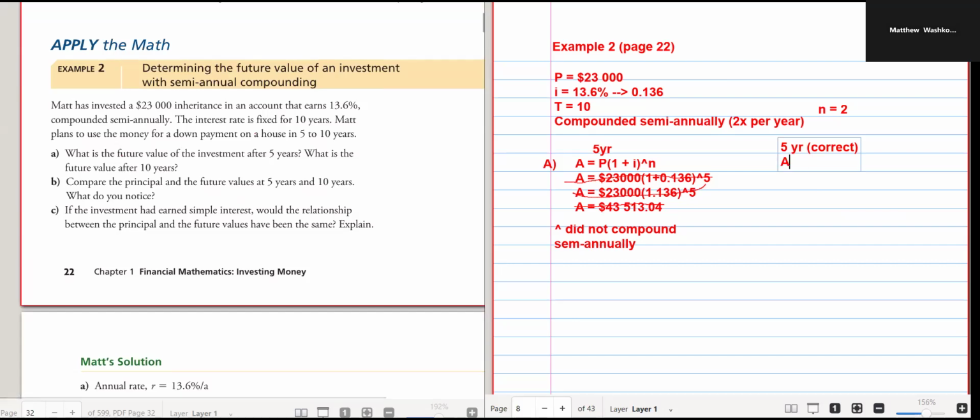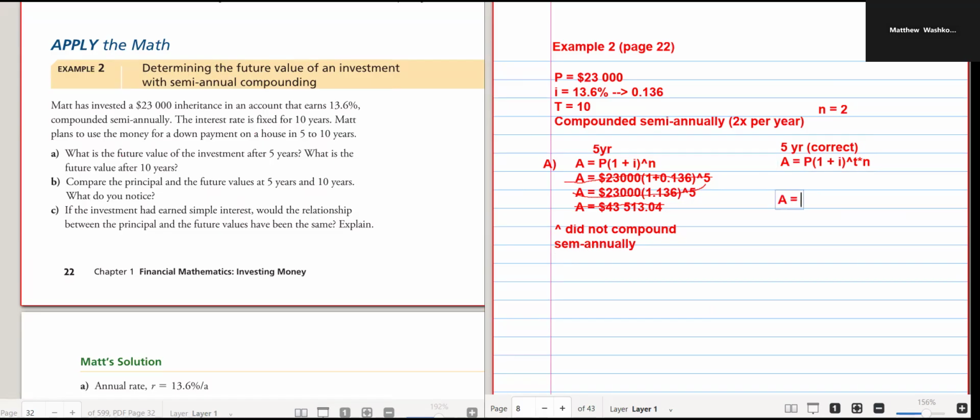So first thing I need to know here is, I'm going to write a formula now, and it's going to be 1 plus I, and I'm going to add something here, to the power of N. Specifically to the power of T times N. Now I'm going to write this formula out a little bit nicer.